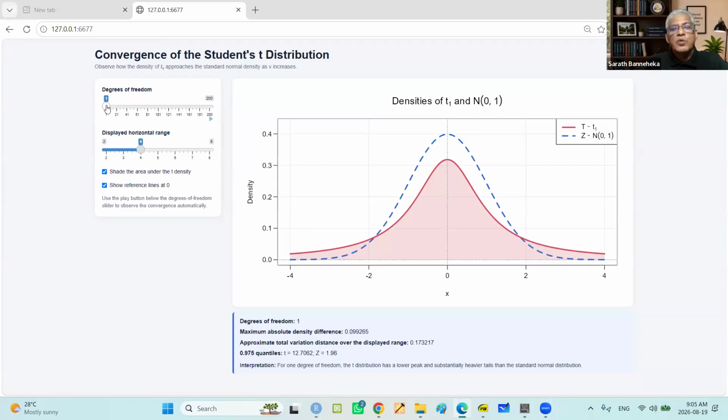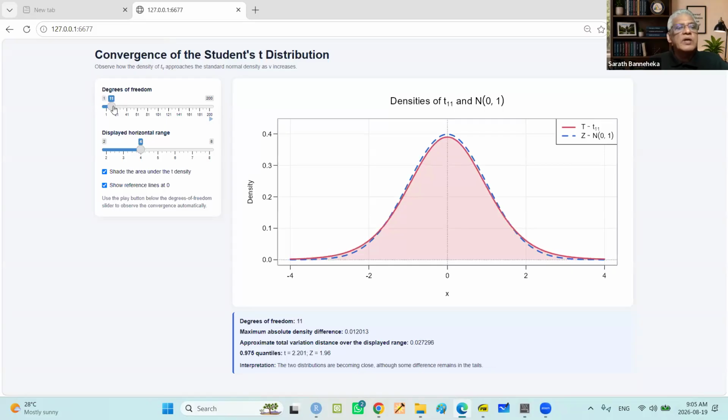Now when I increase this, you'll see how the density function of the T nu distribution is coming closer and closer to the shape of the standard normal distribution. So let's consider, for example, 20. I have here the T distribution with 20 degrees of freedom and the standard normal. Superficially, one might say they are almost the same.